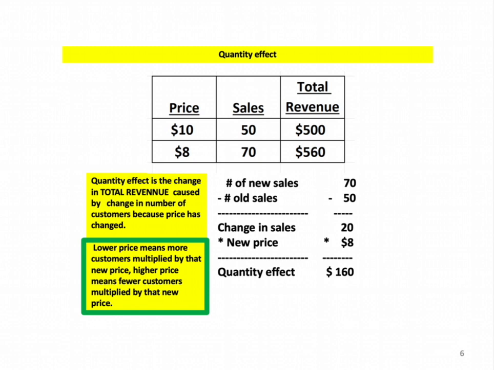So when we added the two together, we had the minus 100 plus the 160. That meant that our net change in revenue was only $60 in the example. And when we computed our marginal revenue, we saw it was only $3 when the price was $8.